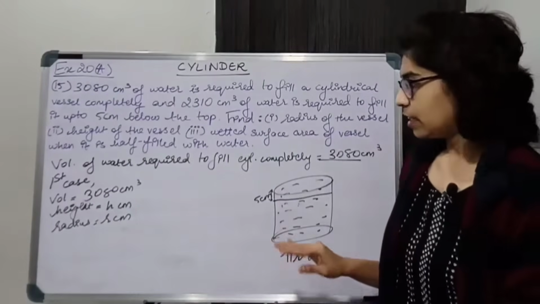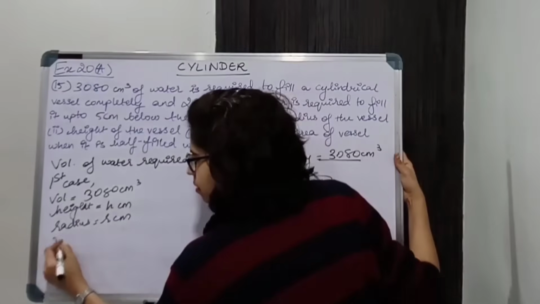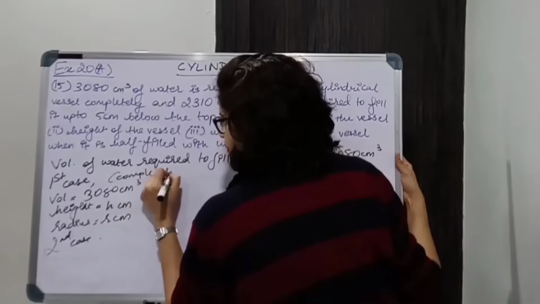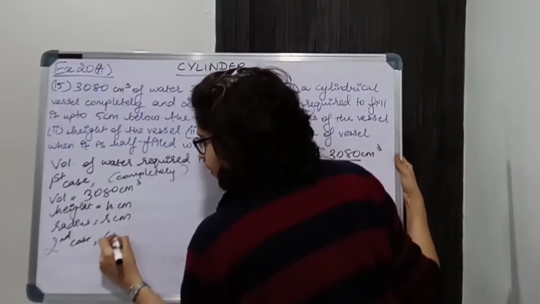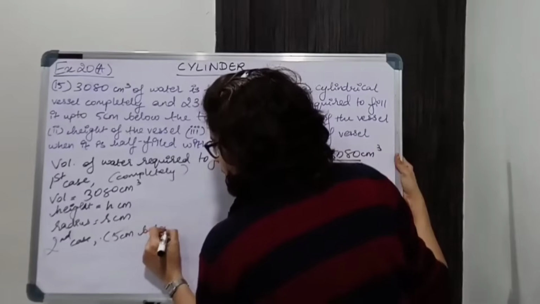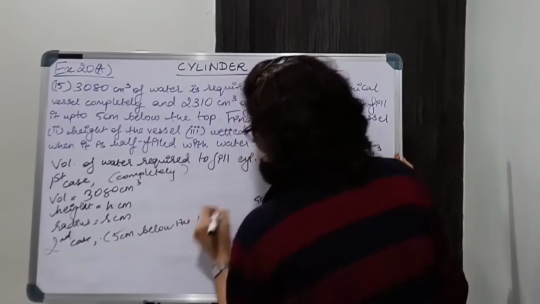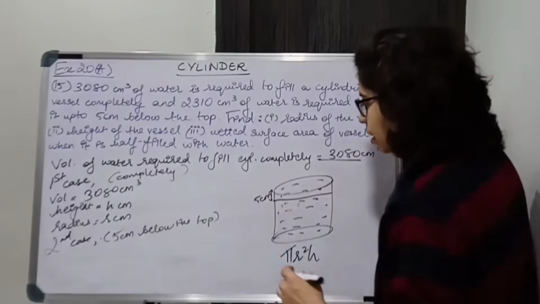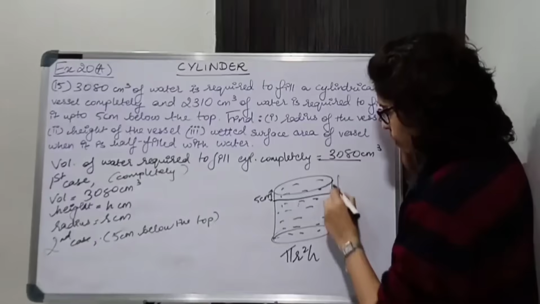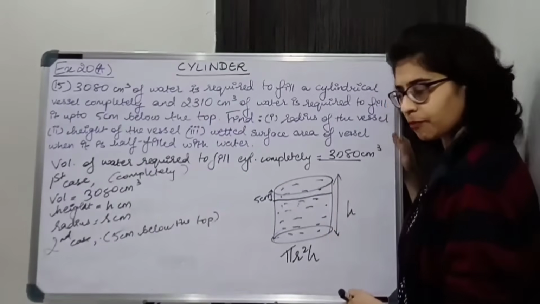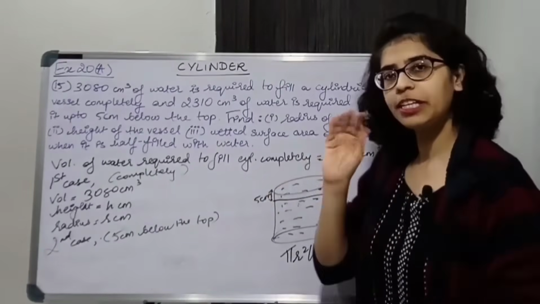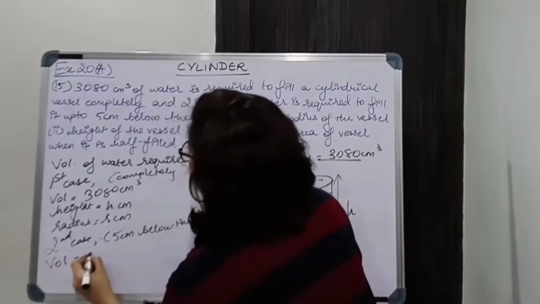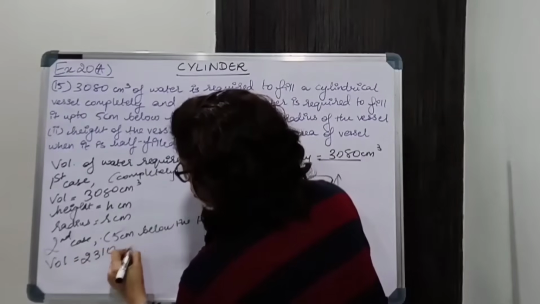Second case, in this case you are filling it completely, and in this case you are filling it 5 centimeter below the top. So it is 5 centimeter less from the top, but what is the total height? We know the total height is h centimeter. So 5 centimeter will be reduced from h. All right, so volume is 2310 centimeter cube.